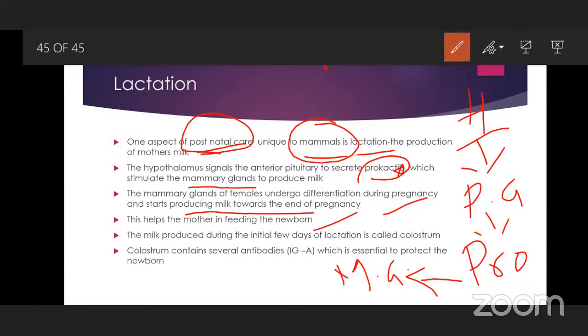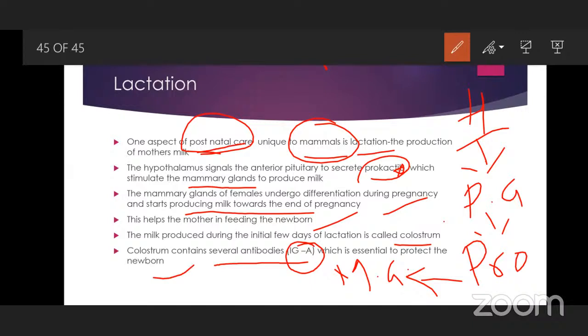The milk produced during the initial few days of the lactation is called colostrum, and this is the first formed milk, and we know it is very much nutritious because it contains very essential nutrients, as well as several antibodies, and the type of antibodies seen in the colostrum is IgA, which is essential for protection of the newborn against diseases.